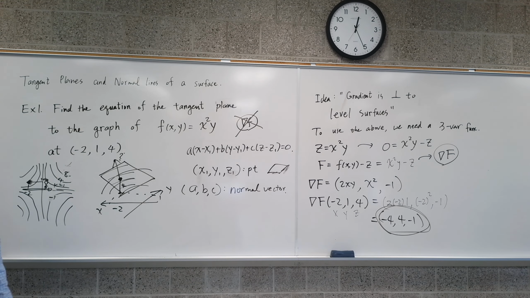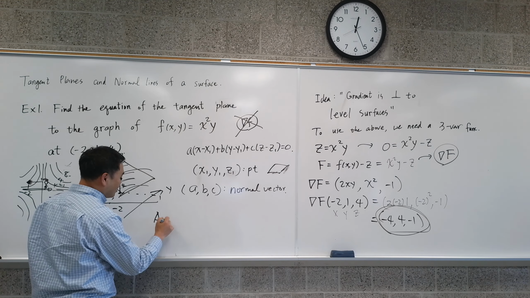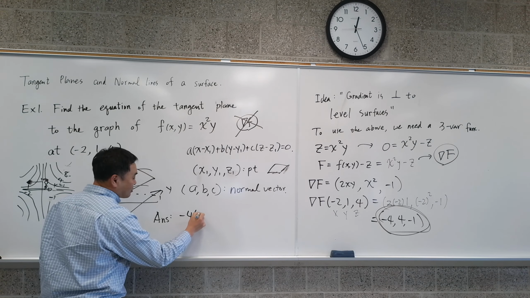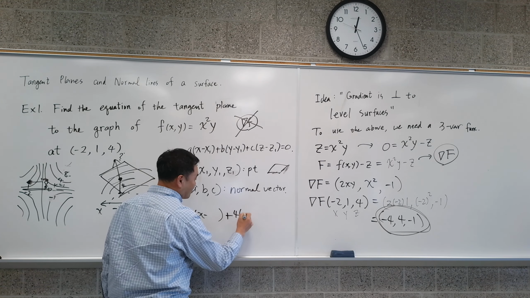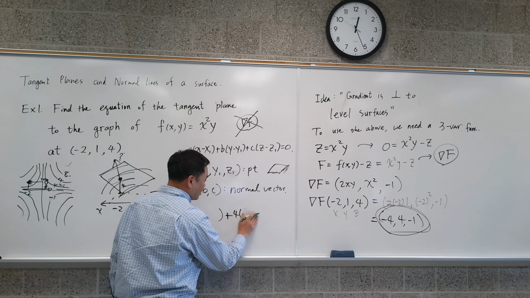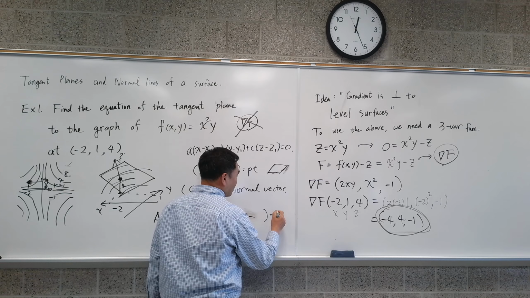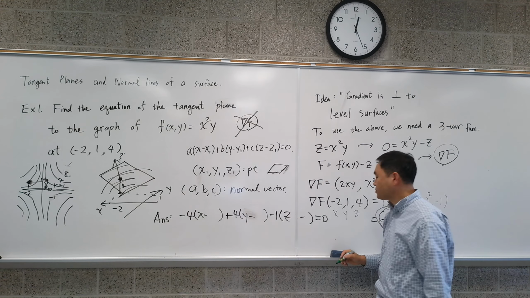And we're ready to write down the answer now, right? What's the answer? The answer is -4 times (x minus something), plus 4 times (y minus something), and then -1 times (z minus something) equals 0.